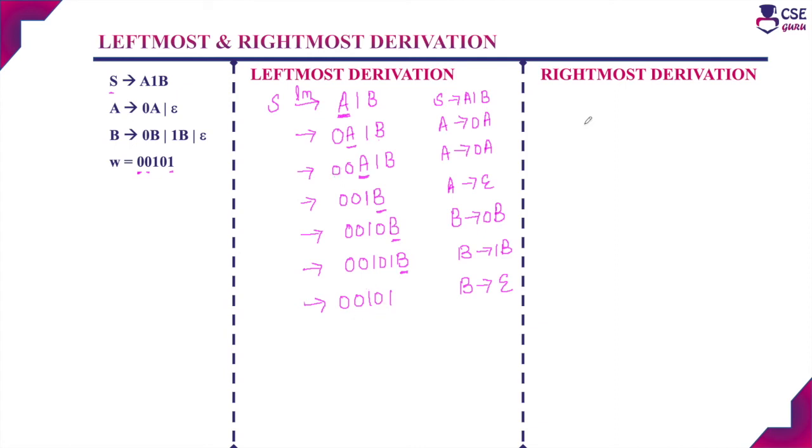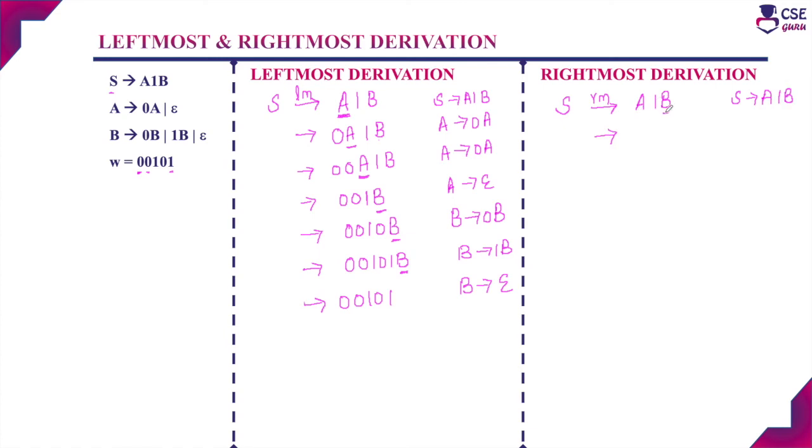So now we will derive the same string using the rightmost derivation. So the derivation always starts with the start symbol S and RM represents the rightmost derivation. So if you are checking here, only one production rule for S. So apply the production rule A1B. There are two non-terminal symbols.